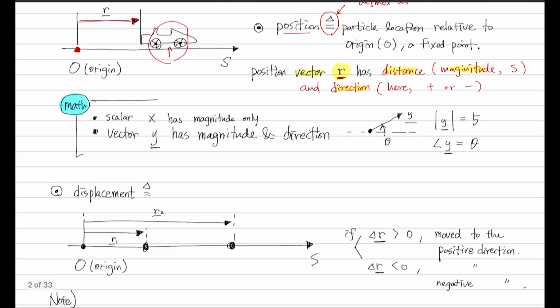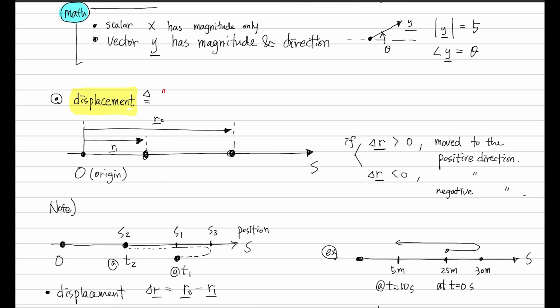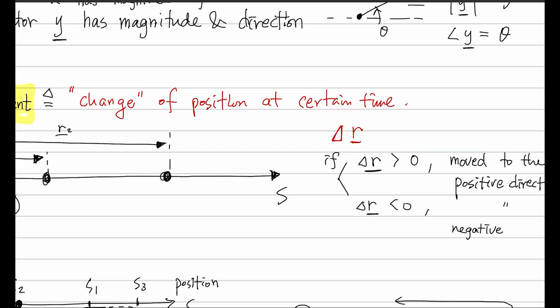All right, and then the next physical quantity, so first part was this position, and the next part is displacement. So displacement is defined as the change of position over a certain time, okay? And so we're going to be using this delta R, and this delta is the change of R, and this is nothing but R2 minus R1.